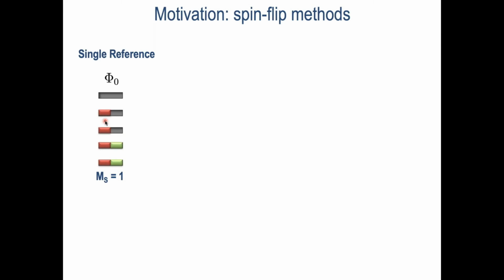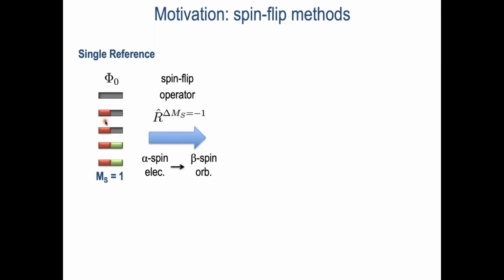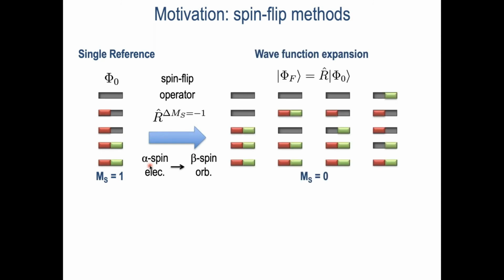And then we might apply an excitation operator that we call a spin flip operator, that takes alpha spin electrons and promotes them into beta empty orbitals. And by doing that, depending on the hierarchy of this excitation operator, we get a target state.